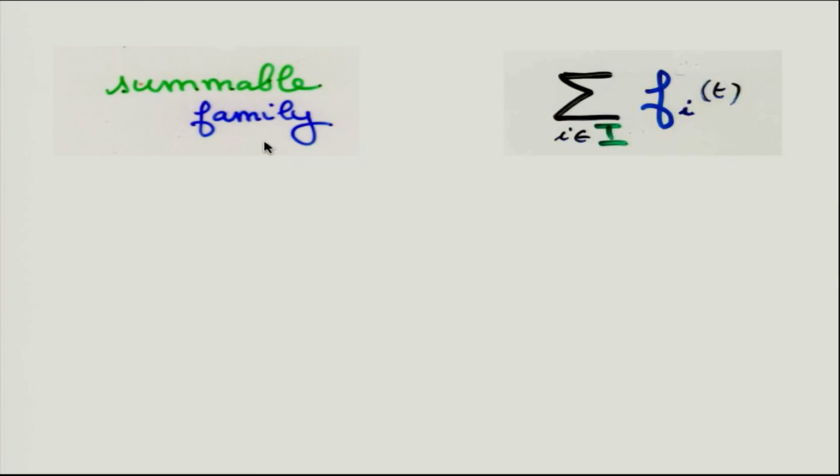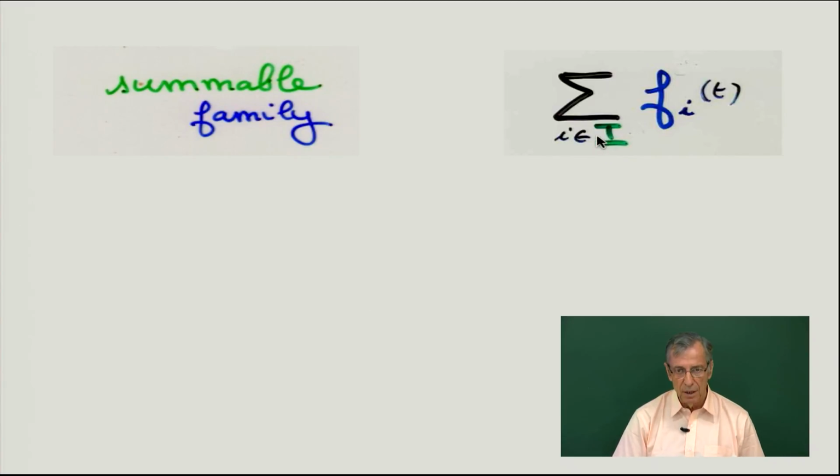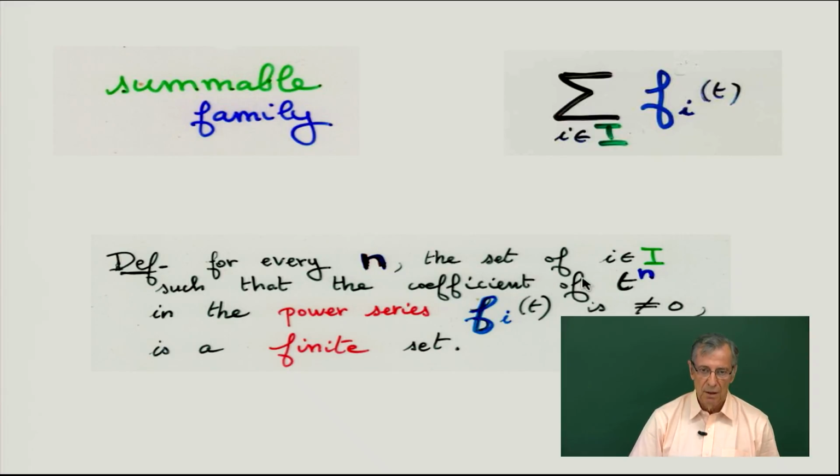So definition: a family is summable if and only if, say you have a certain family of power series Fi of t, for every n, the set of integers i such that the coefficient of t power n in the power series Fi of t is non-zero is a finite set.